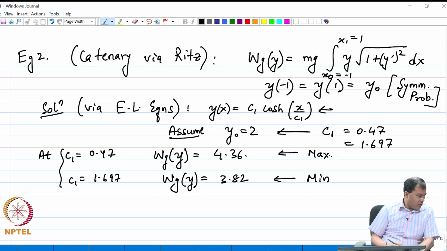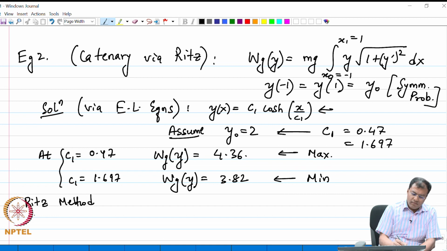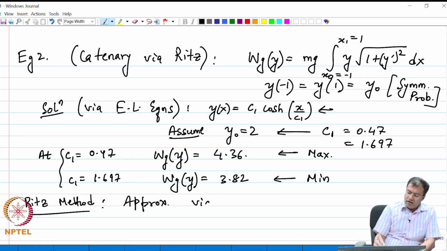In our Ritz method we are going to approximate via polynomial functions this time.